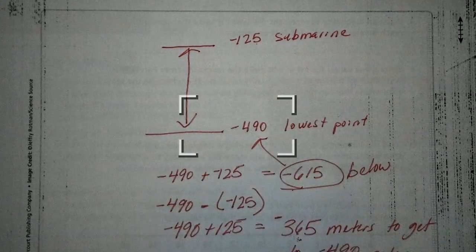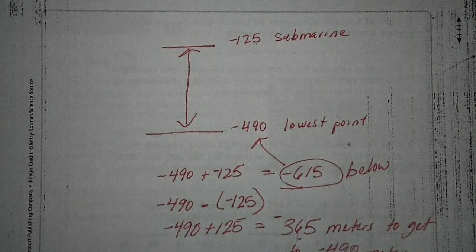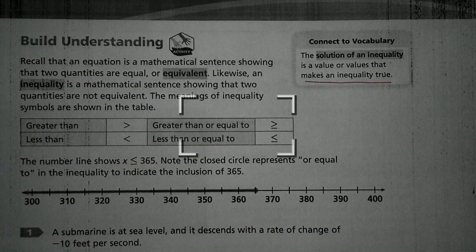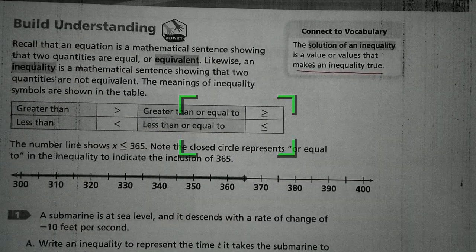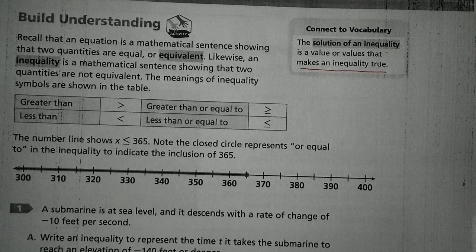So it had a bunch of distances in there that would work. Not just one, there's a bunch. So that's what an inequality is. It tells you that there are a variety of answers. There's more than one answer.